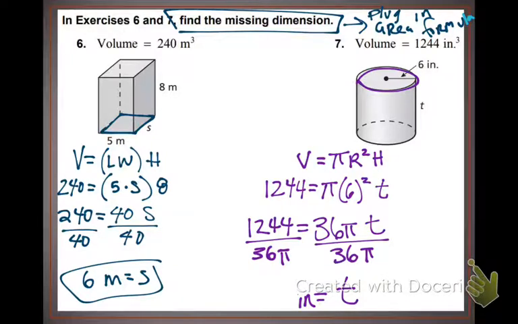Let's type it in. You should get 11, I believe. 11 inches. So these two are simple. Sometimes you'll be asked to find the radius, in which case you would have R and then the height plugged in instead. Questions on these two?